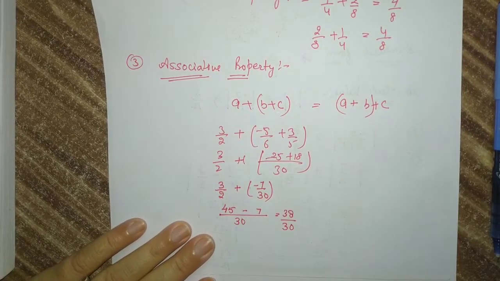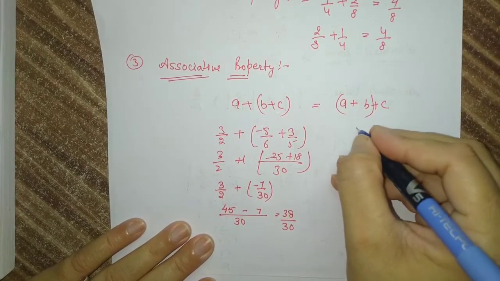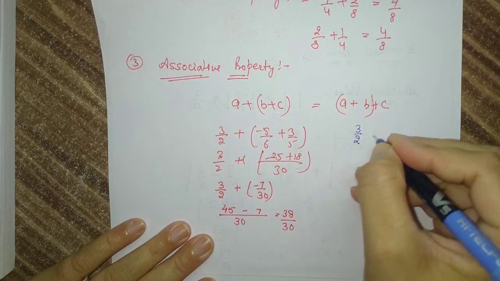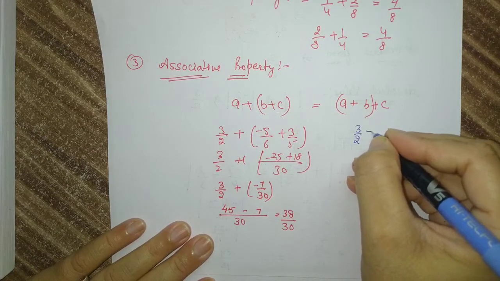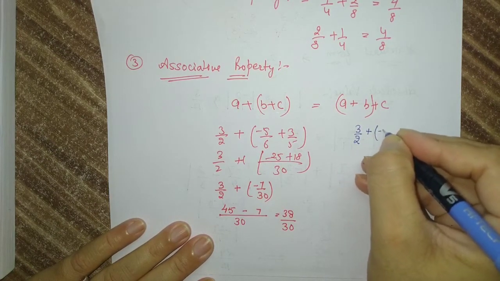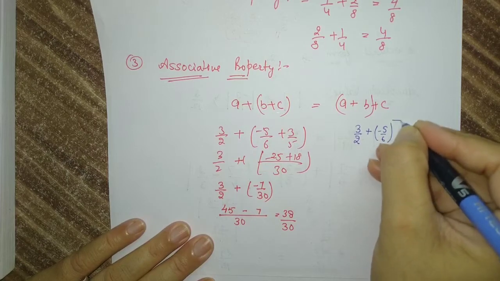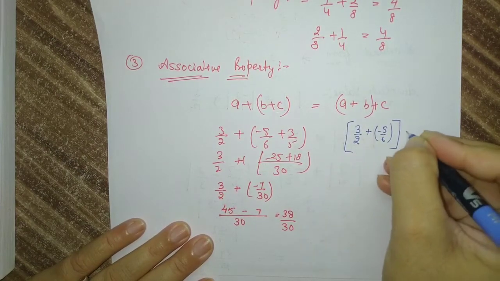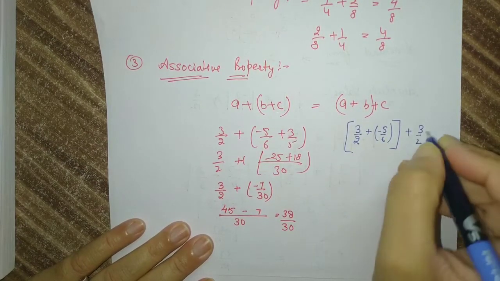Now move on to the other side of this one. First we have to add 3 by 2 and minus 5 by 6, and close them under one group, and then we have to add 3 by 5.